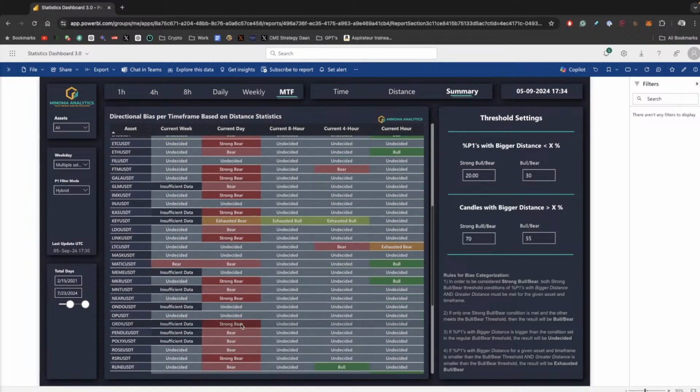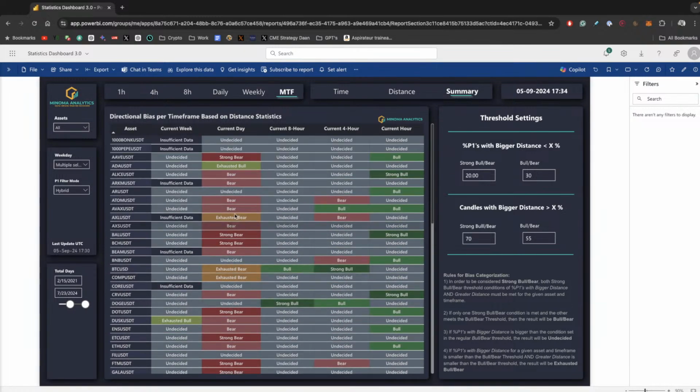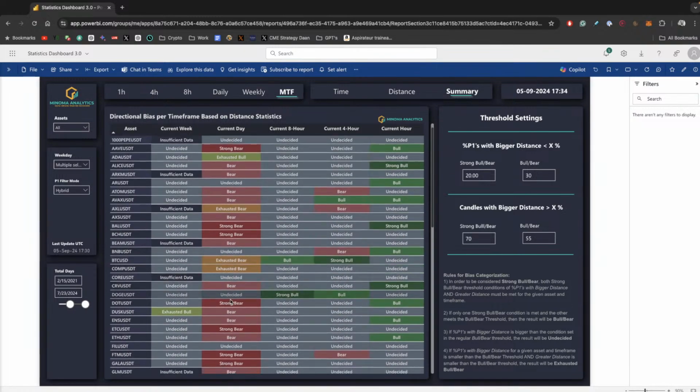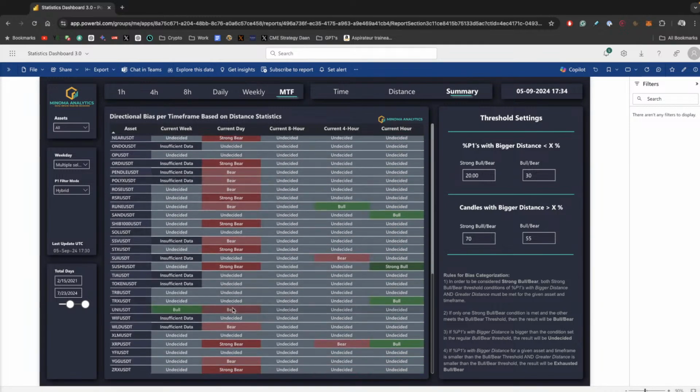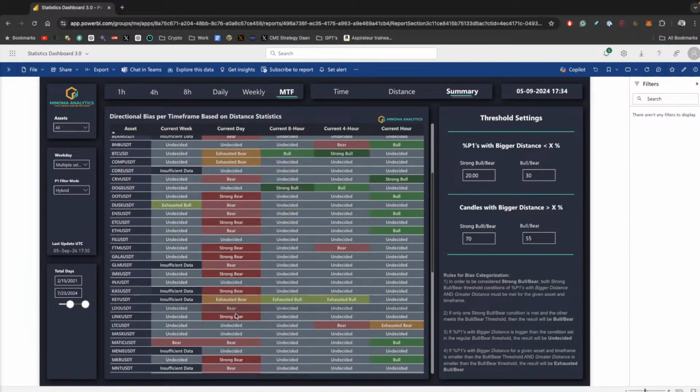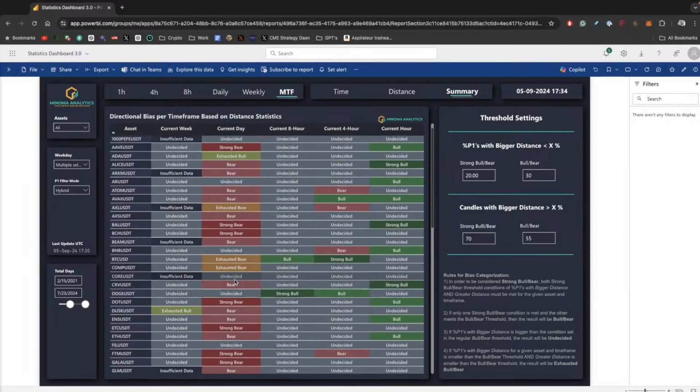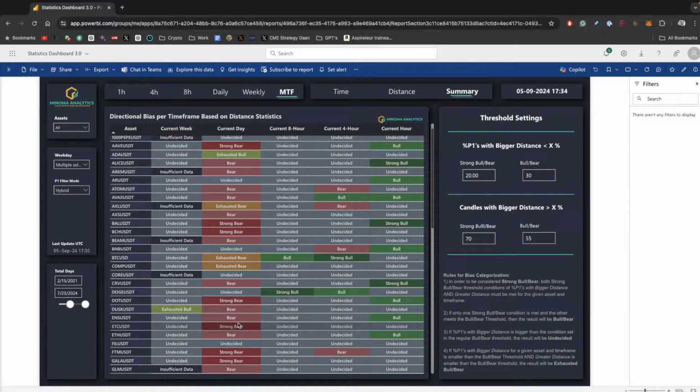But so we can see even more strong bear signals. And for me, I always have a golden rule. If I see this many strong bear signals, I'm not going to take any trades in the opposing direction. Because you have to understand that we are now in the last 8 hours of the day. That means that if this bias is going to play out for the current day, where we have some remaining downside to go as it looks like on some assets, then that has to happen in the next 8 hours.